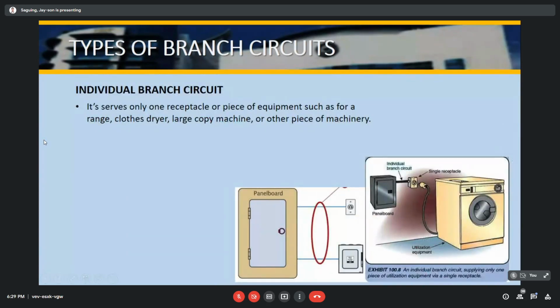It serves only one receptacle or piece of equipment, such as for a range, clothes dryer, large copy machine, or other piece of machinery. These circuits usually lead directly from the distribution panel to the appliance and do not serve any other electrical device.